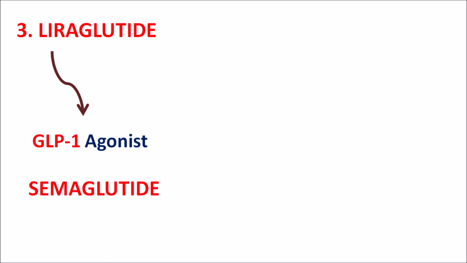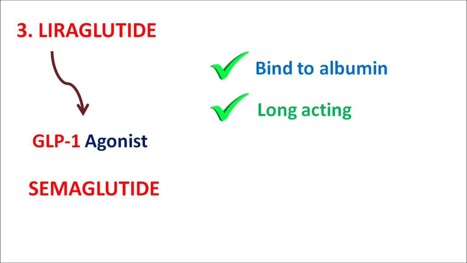The third one is liraglutide. Liraglutide is a GLP-1 receptor agonist, a glucagon-like peptide 1 receptor agonist. We have another drug, semaglutide, which has the same suffix glutide. These drugs have a few advantages. They can bind to albumin so that they are somewhat long acting, and they are given as subcutaneous injections.